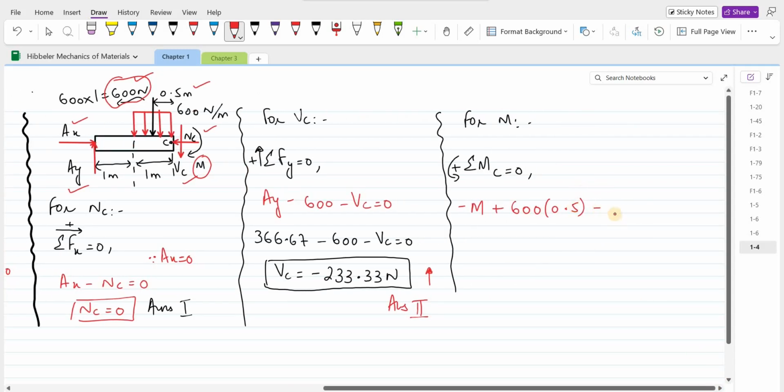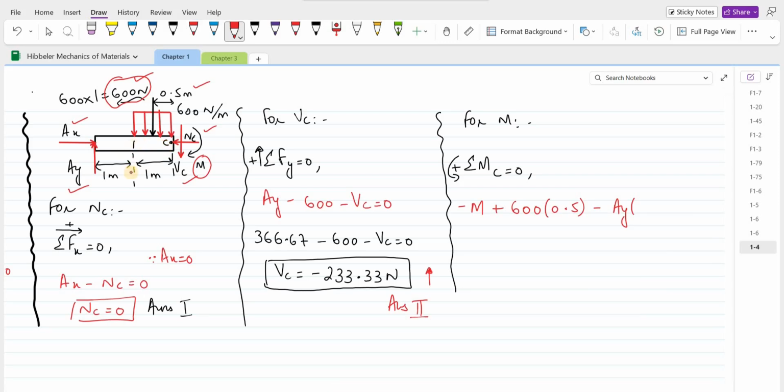So we have negative AY and the moment arm is 2 meters equals to 0. So we have negative M plus 300 minus AY, and AY is 366.67 newtons, into 2 equals to 0.